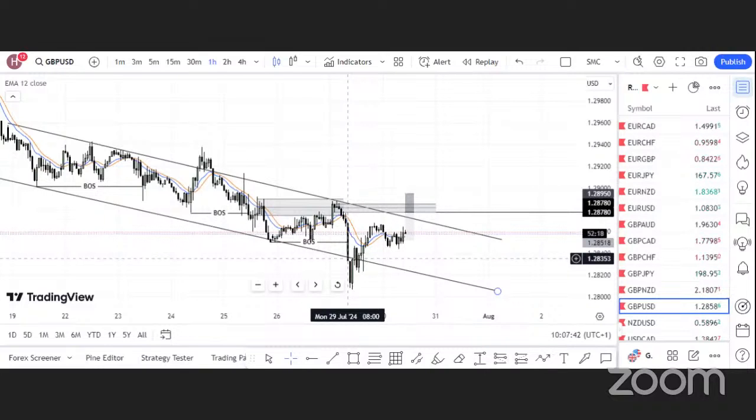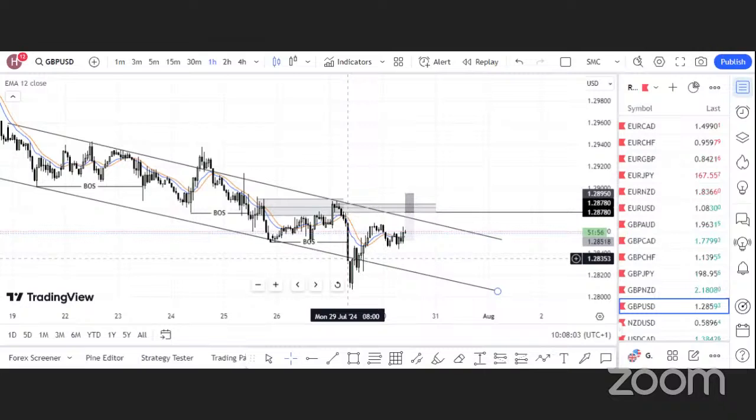So imbalances are moves created by volatility. So when the market is very volatile and maybe there's a news event and then the market just spiked, those spikes cause imbalance in the market, leaving a huge gap.